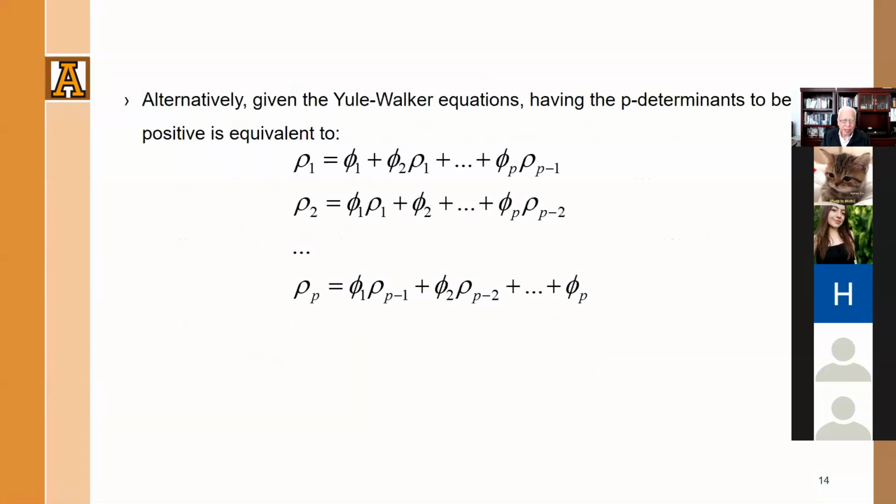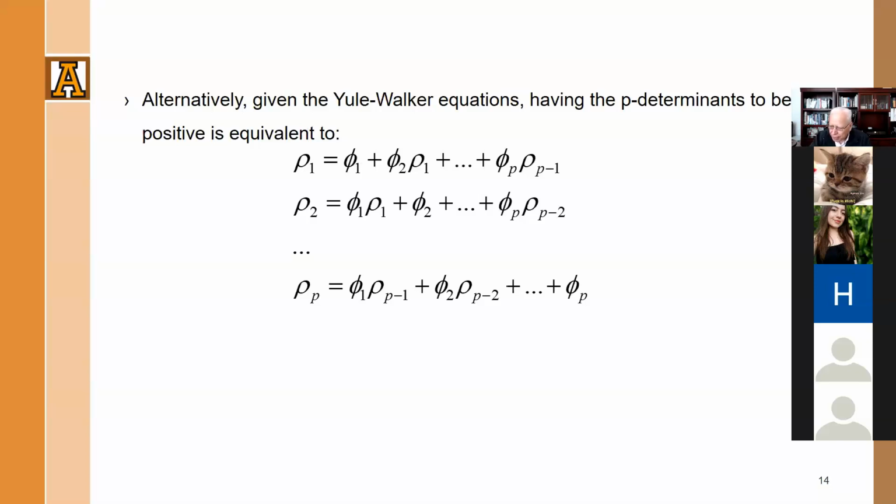And the Yule-Walker equations also extend to the AR(p) process. In the AR(2) process, we have two Yule-Walker equations. In the AR(p) process, we have p Yule-Walker equations that are derived from the p determinants that have to be computed to determine if we have a stationary process or not.